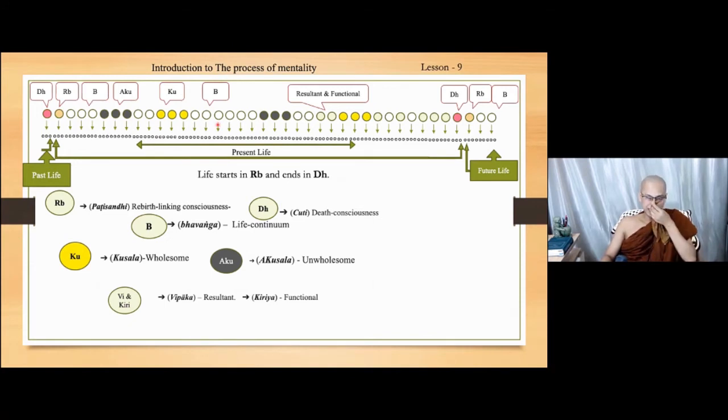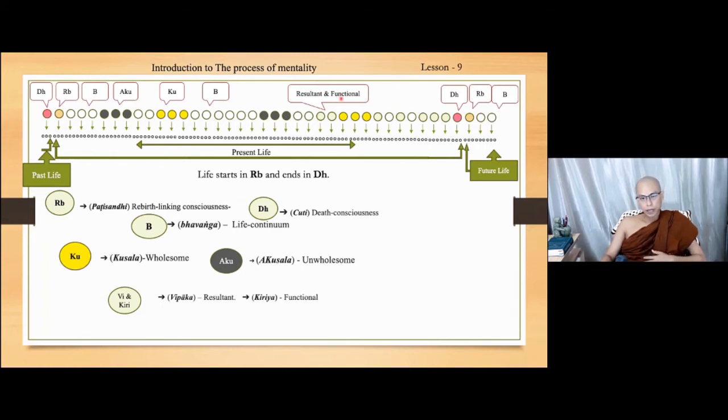And if there is no specific cognitive process or active process, at that moment the bhavanga arises, then the functional consciousness also arises in the process. Just before or just after the wholesome consciousness, the functional consciousness and resultant consciousness also arise.